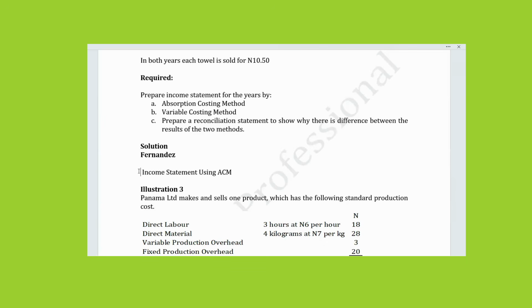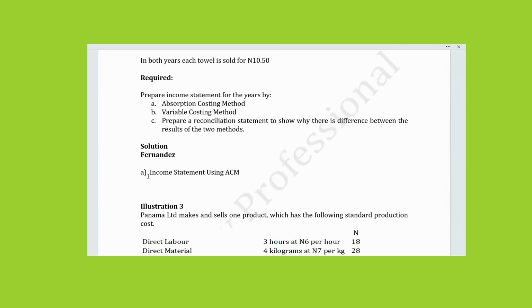Don't say that's the way Mr. Adeju writes it in the class, therefore you are following his approach. Don't do that. The examiner may penalize you, because you don't want the examiner racking his or her brain about what you mean by ACM. So in the first instance, write it out in full, stating income statement using absorption costing method, in bracket ACM, so that going forward you'll be referencing ACM. In that case, there will be no penalty, no consequence for using ACM. Okay, I believe that is clear.